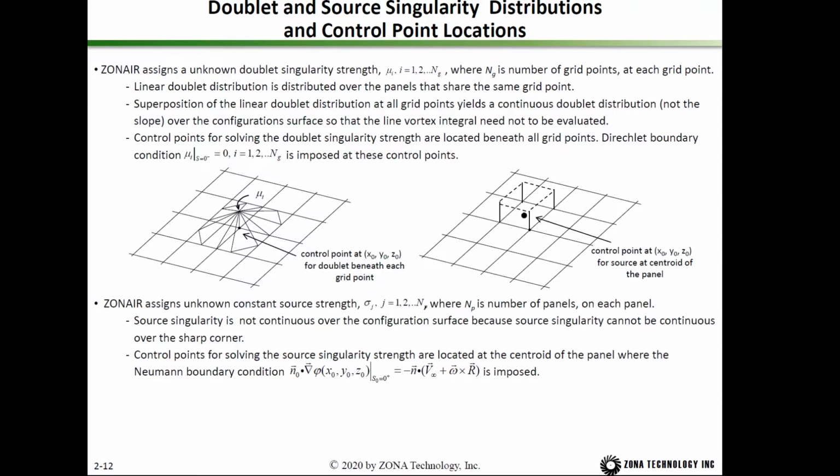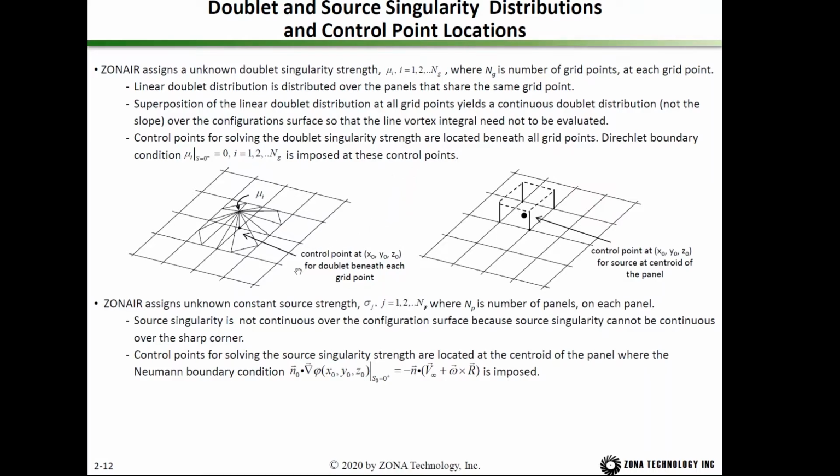The superposition of the linear doublet distributions at all grid points is a continuous doublet distribution, but the slope is not continuous over the panel edges, so the line vortex integral need not be evaluated. The control points for solving the doublet singularity strength are located beneath all the grid points, and the Dirichlet boundary condition is imposed at those grid points.